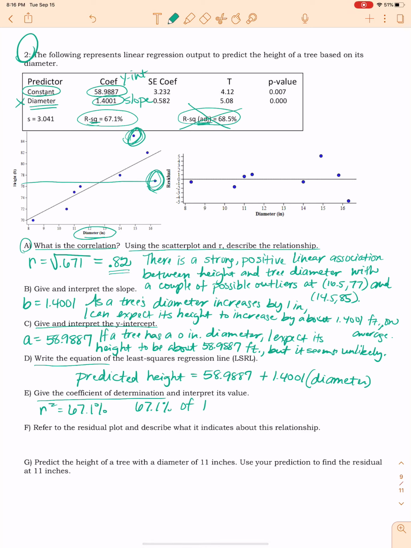67.1% of the variability in tree height can be explained by this linear model.